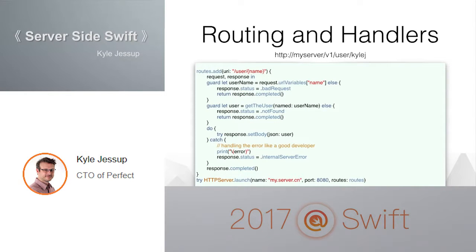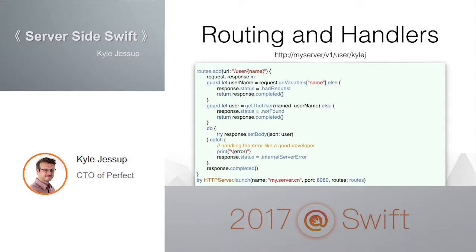So here's one where the URI is /user, and then in curly brackets we have a name. So that's how you would add a variable. So I could say /user/Joe, for example. And down here when we pull it out of the URL variables, we'll have that. And again, we can check and see if it's mandatory or some sort of weird error, so we're going to bail out.